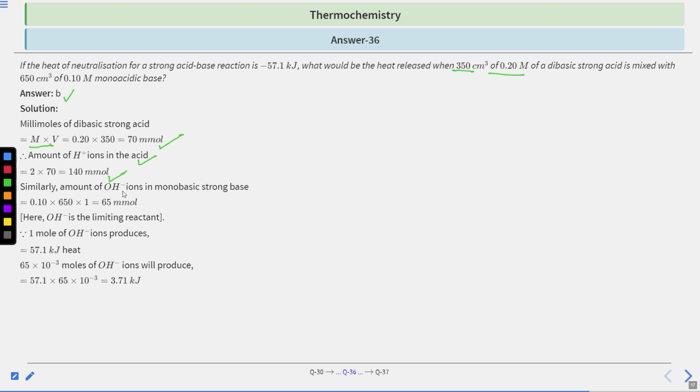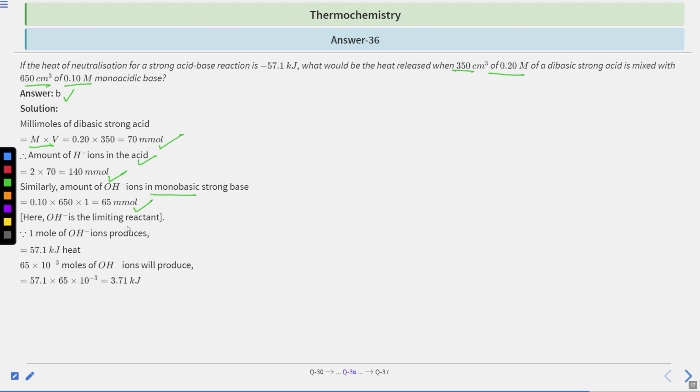Similarly, the amount of OH minus ions in the monobasic strong base will be M into V, so 0.10 into 650 into 1, because it is monobasic, which comes out as 65 millimole. And you can clearly see that OH minus is the limiting reactant here, consumed almost completely.